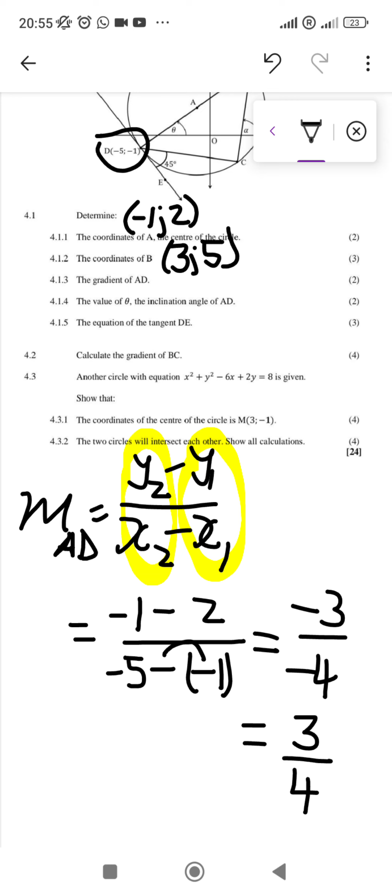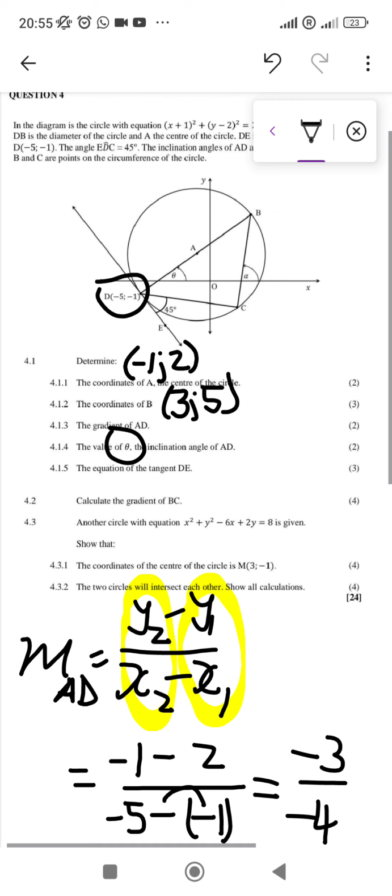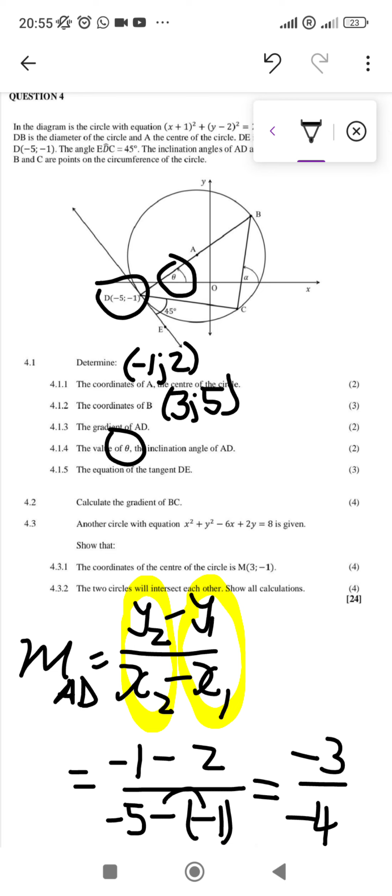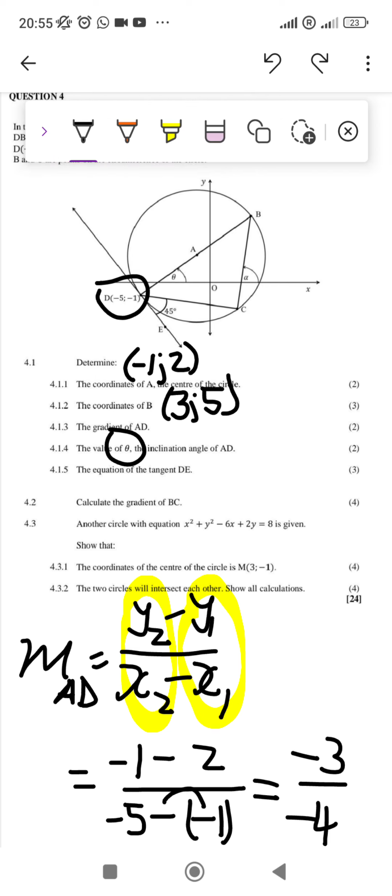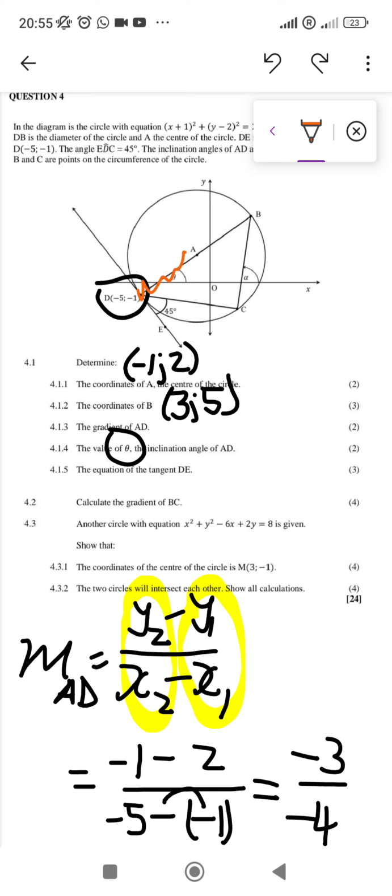The next part of the question: determine the value of theta. Let's go look at the picture. Where's theta? Theta's over there. So what is theta? Theta is the angle of inclination of AD. If we think about line AD, or even the diameter that we have there, there are two ways that we can describe the steepness of this line.